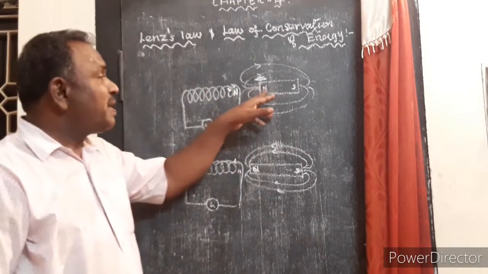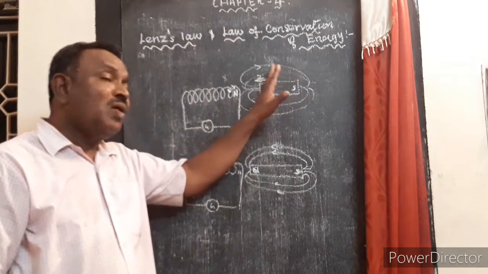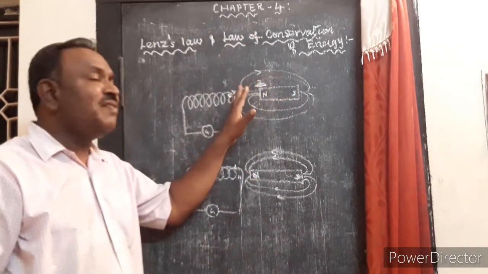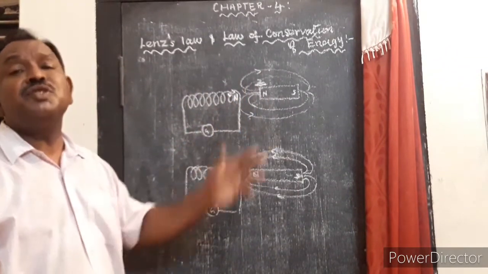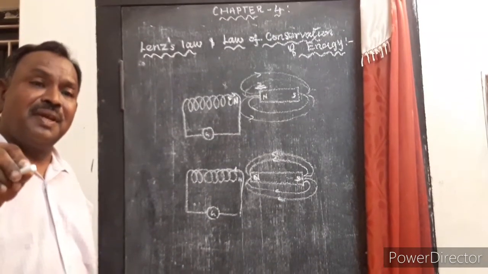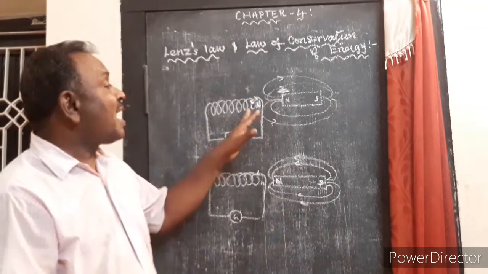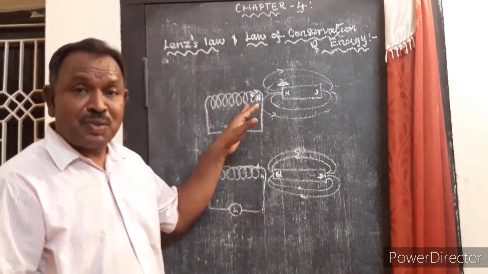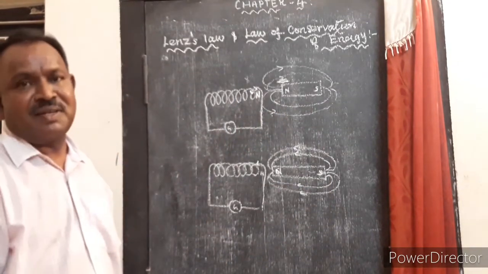So without spending energy, the magnet will move on its own and the magnetic flux will change. Due to the change in magnetic flux, the induced EMF continues. So without spending one form of energy, another form of energy is produced. This is against the law of conservation of energy.